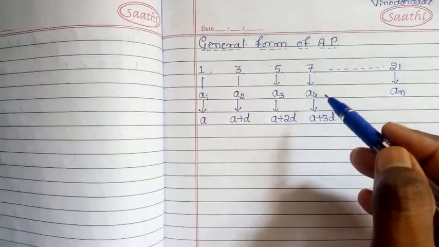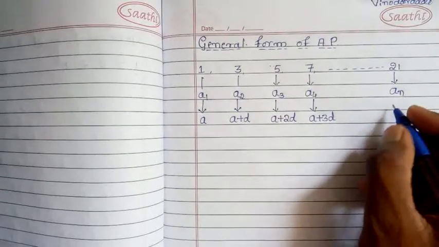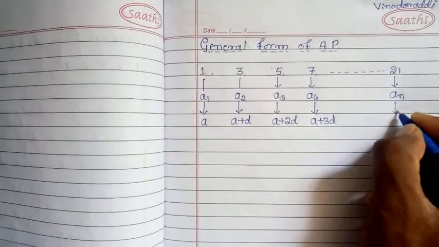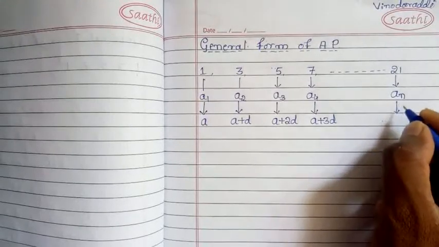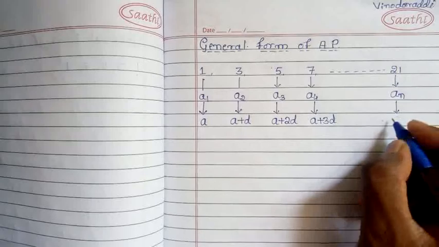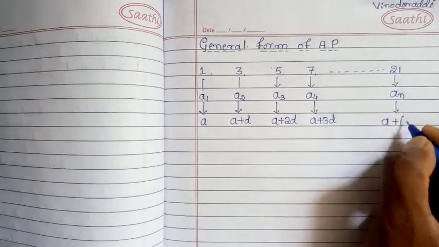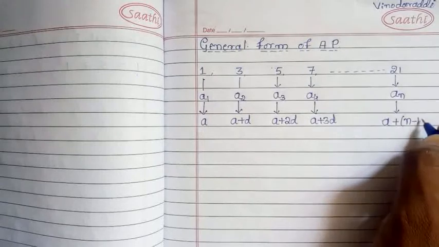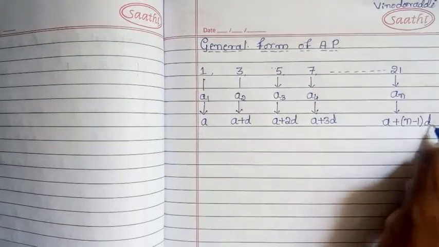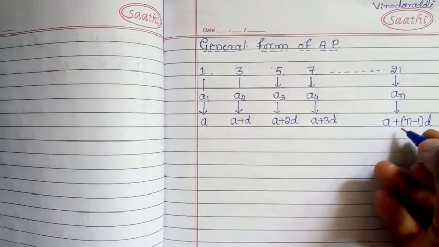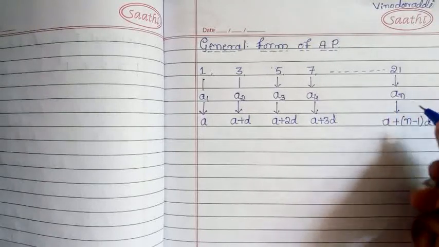The next, the general form of the nth term is AN. The general form of the nth term is A plus n minus 1 into D.